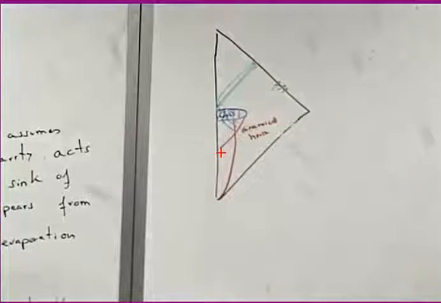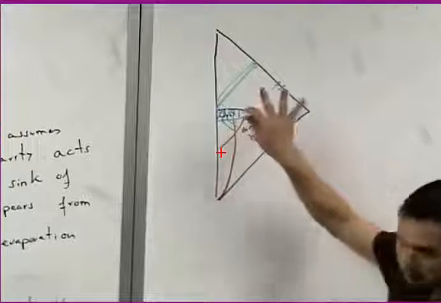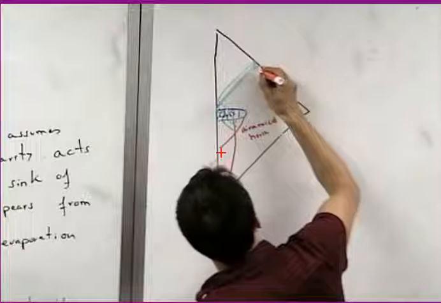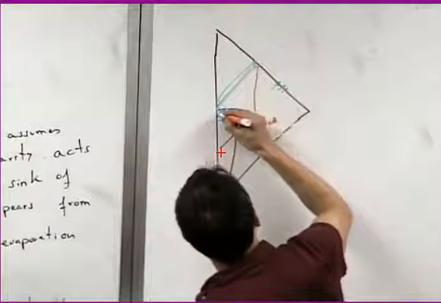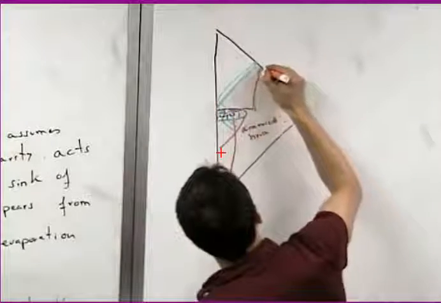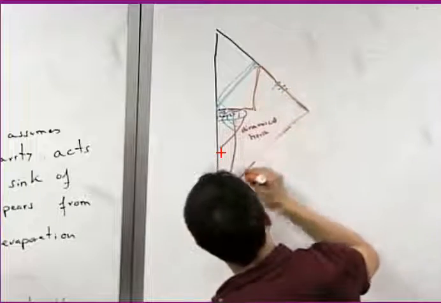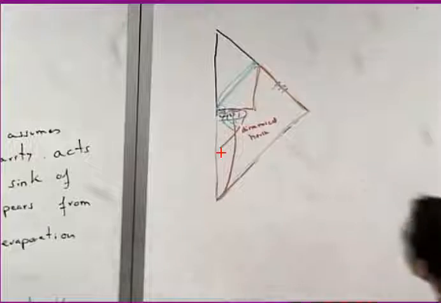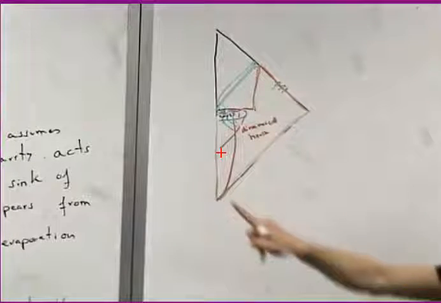So let me write on top of this diagram the other one. In the other one, we assume that the space-time is just this region. The orange stuff is the previous space-time.